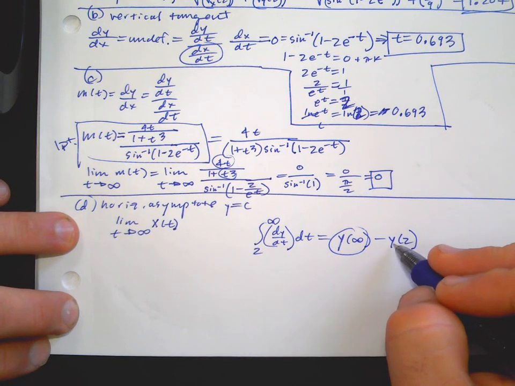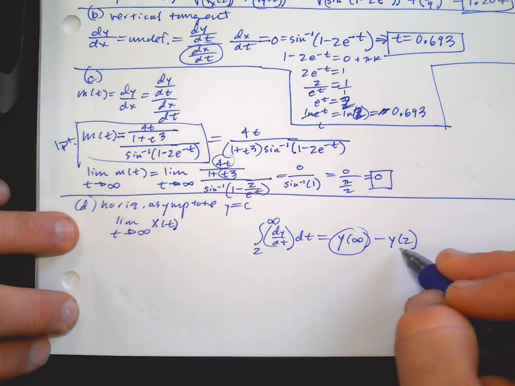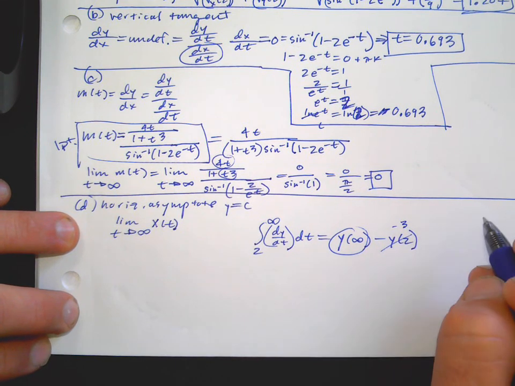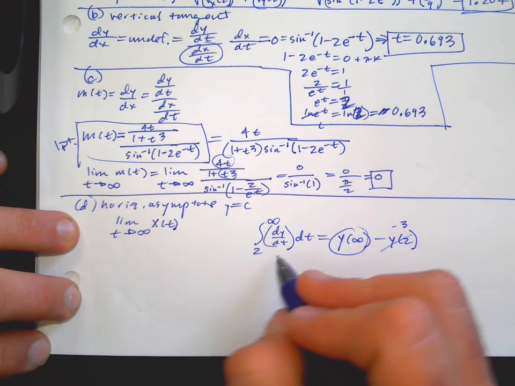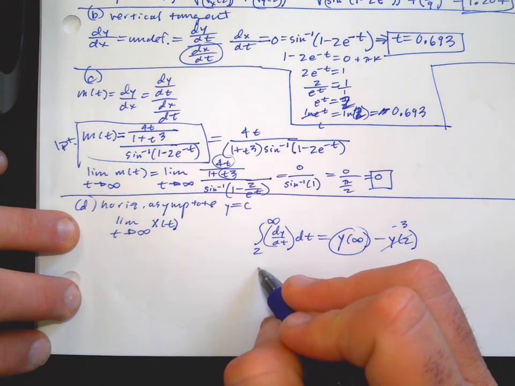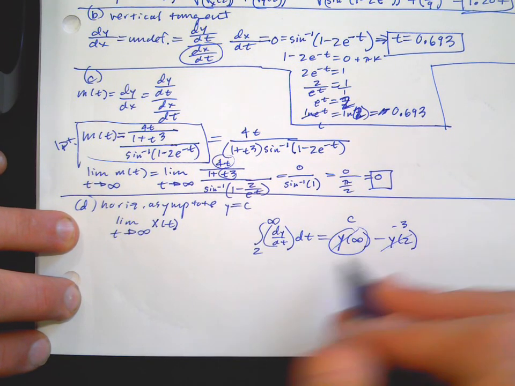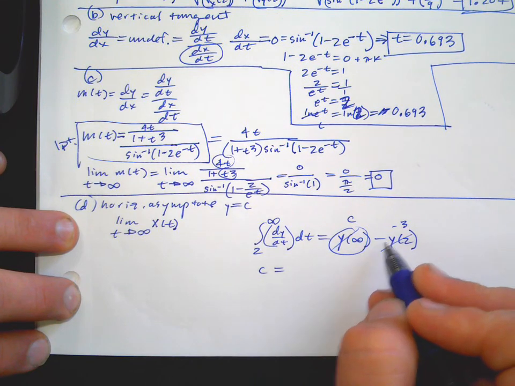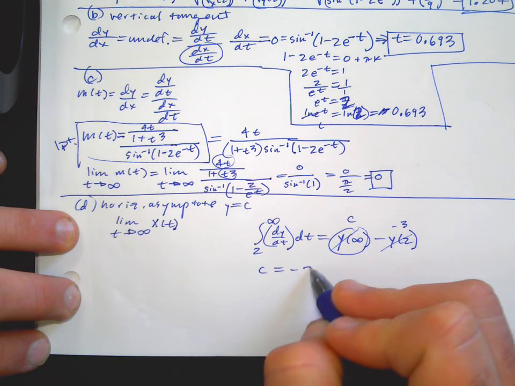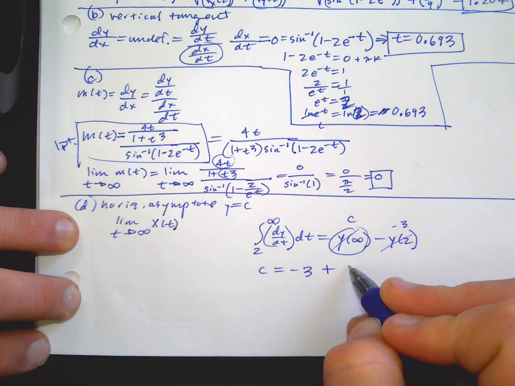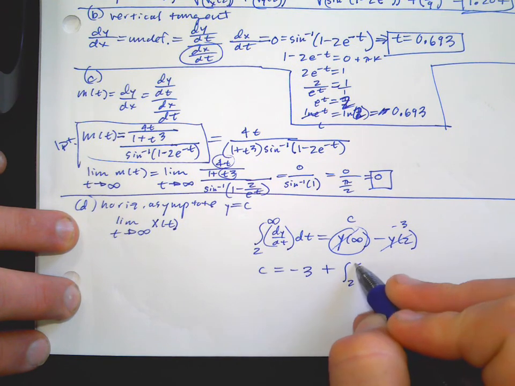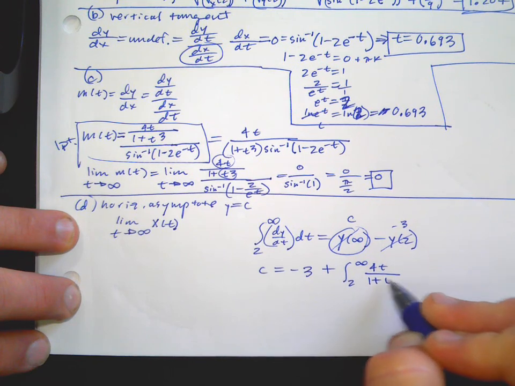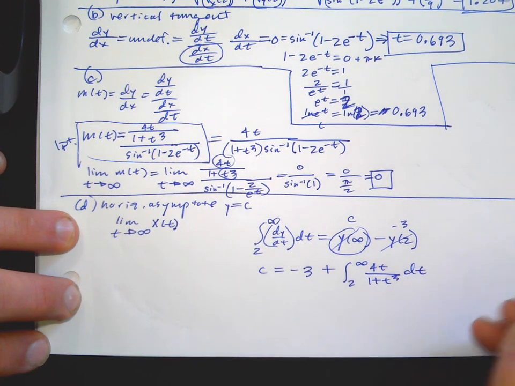And then this is y(2), I think they gave us -3, right? So this is going to be the c value. So c equals -3 plus the integral from 2 to infinity of 4t over 1 plus t cubed dt.